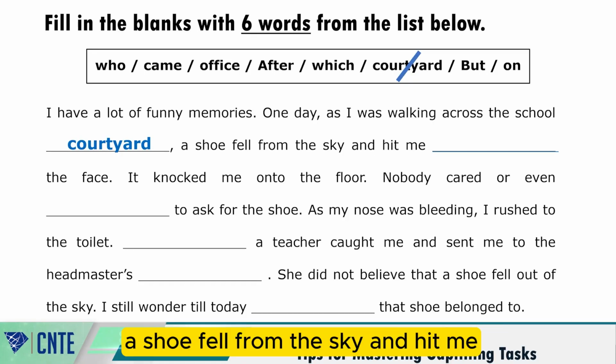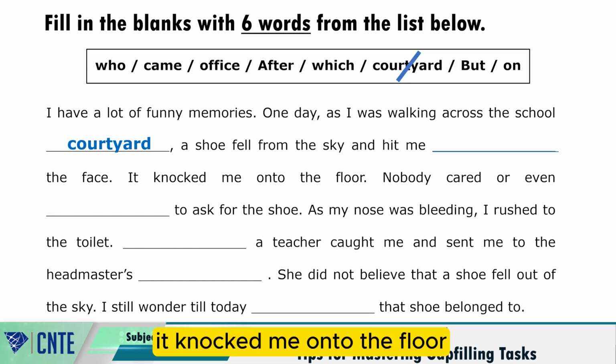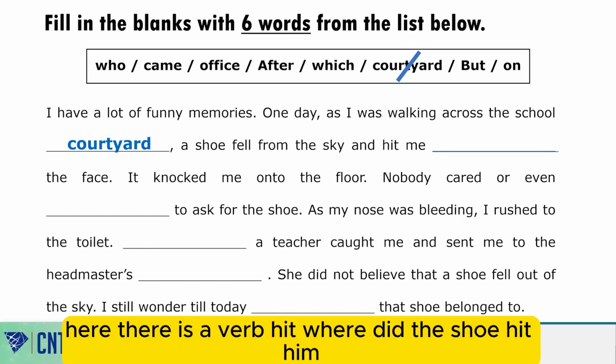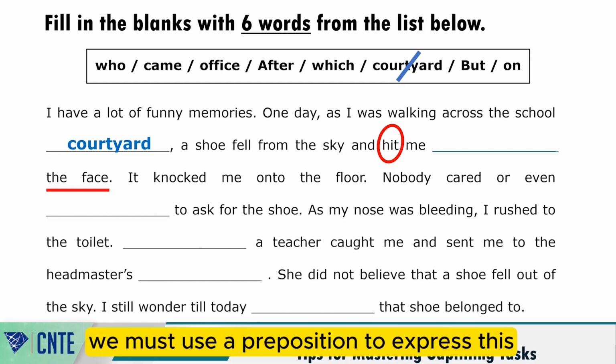A shoe fell from the sky and hit me blank the face. It knocked me onto the floor. Here, there is the verb hit. Where did the shoe hit him? The face. Right. We must use a preposition to express this.